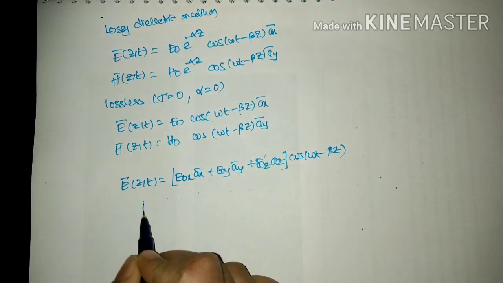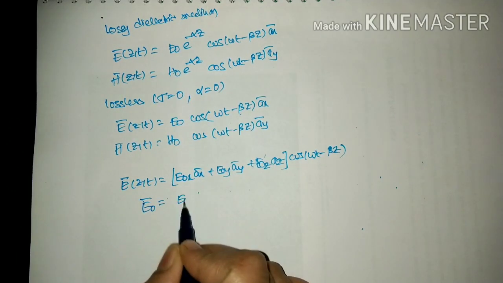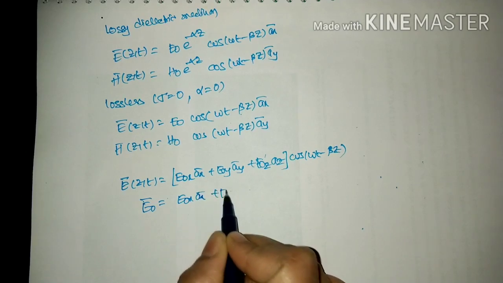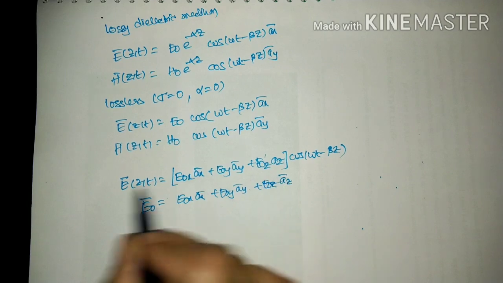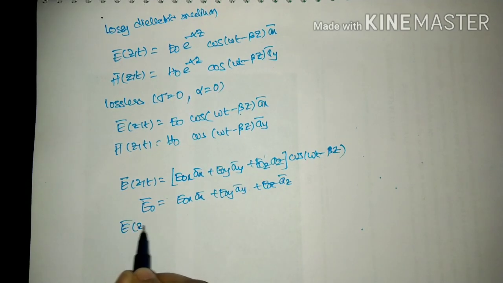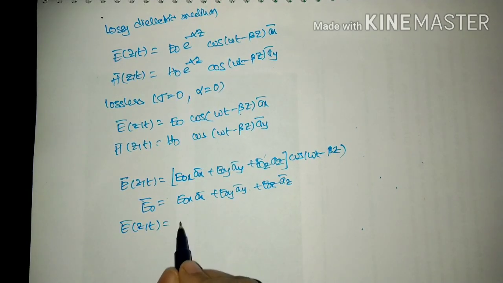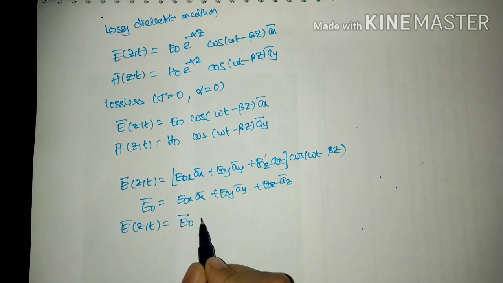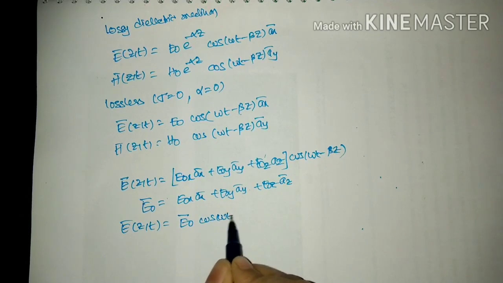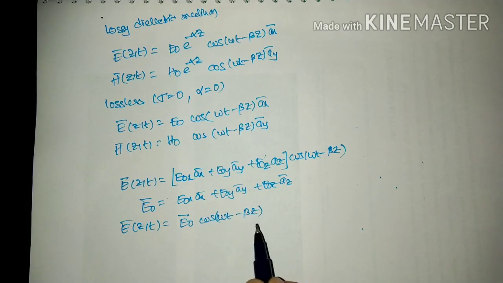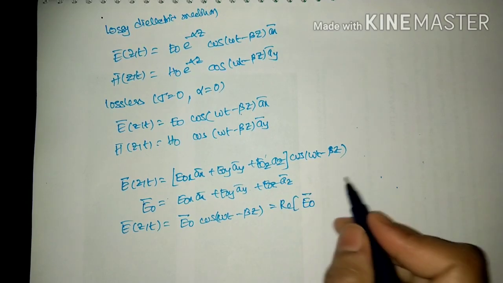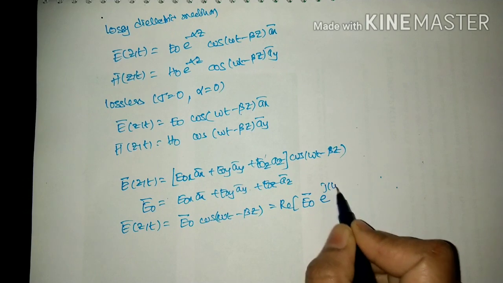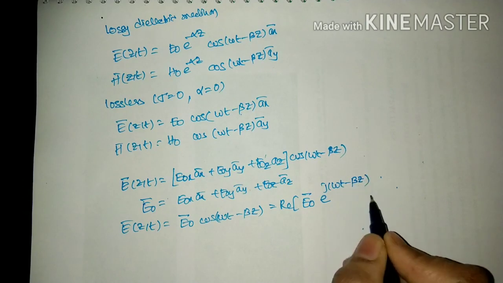So if you consider E naught bar is equal to EOX ax bar plus EOY ay bar plus EOZ az bar, then you can write this as E bar of z comma t is equal to E naught bar into cos of omega t minus beta z. The other way of representing this is real part of E naught bar into e power j omega t minus beta z.